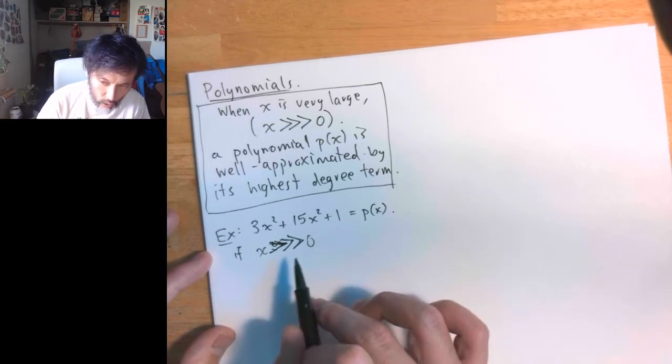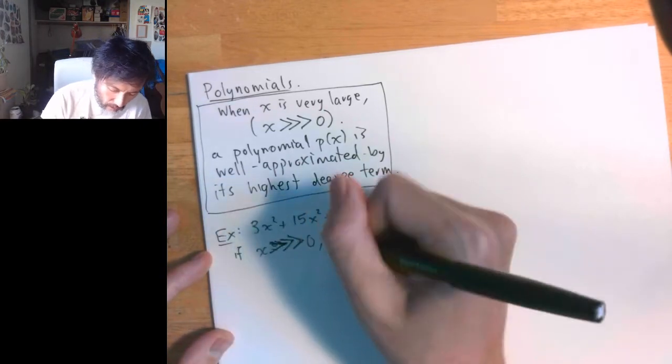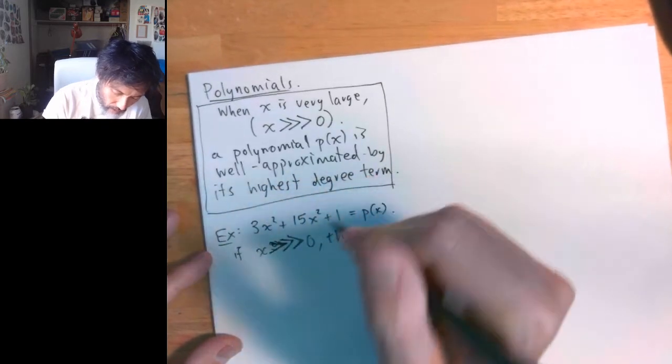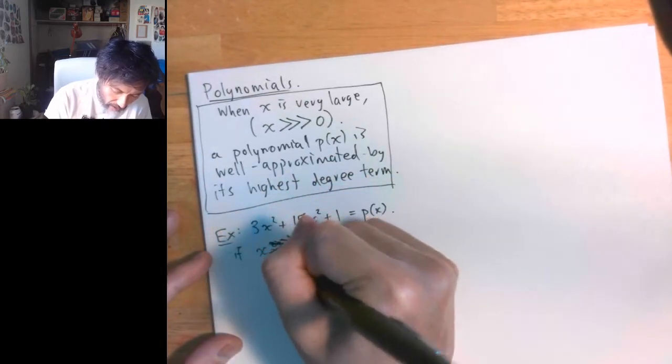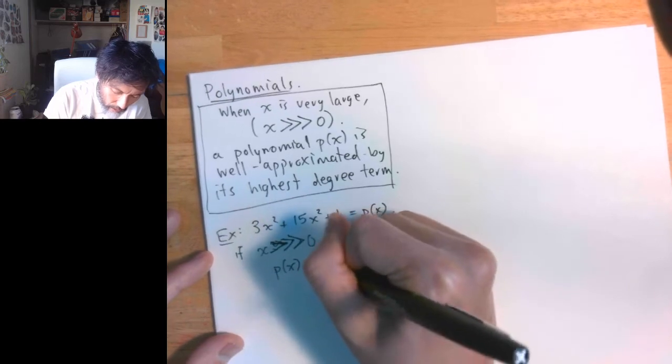If x is extremely large, then p of x is approximately going to be equal to 3x squared.